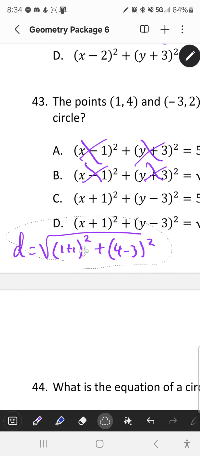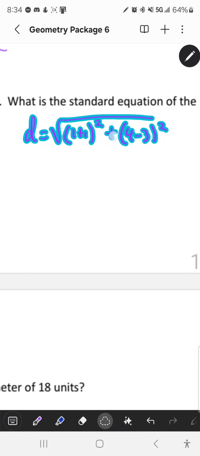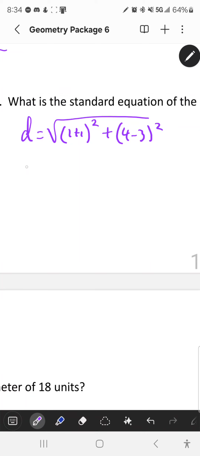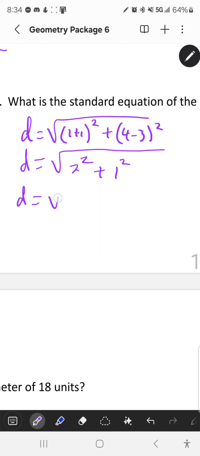I'm going to copy this and put it at the side. So d equals the square root of 1 plus 1 is 2, so 2 squared, plus 4 minus 3 is 1, so 1 squared. And 2 squared equals 4, 1 squared equals 1. The distance, which is the radius, equals the square root of 5.